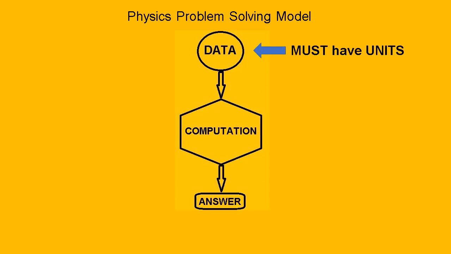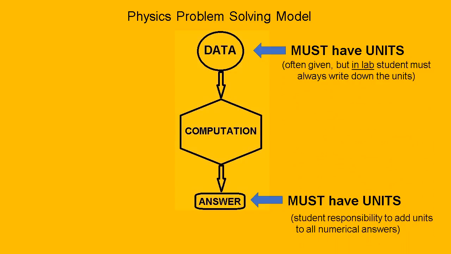What you should know about this is that all data in physics problems must have units, and all answers must have units. Often the data is something that you get as a given, especially in textbook, teacher tests, etc. So you don't have to worry about the units in that case.